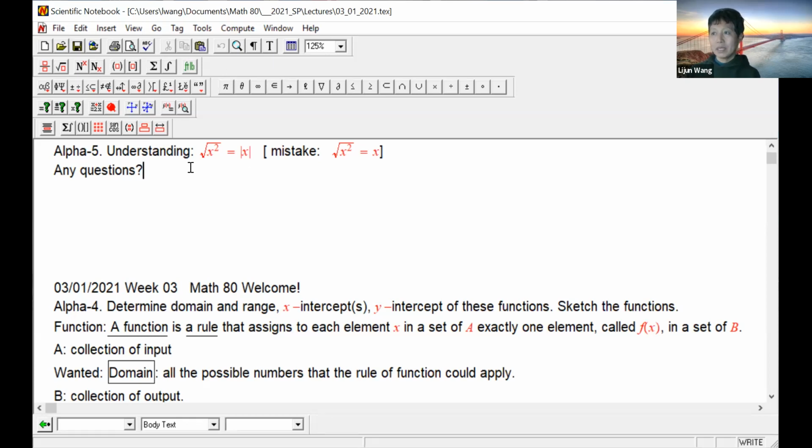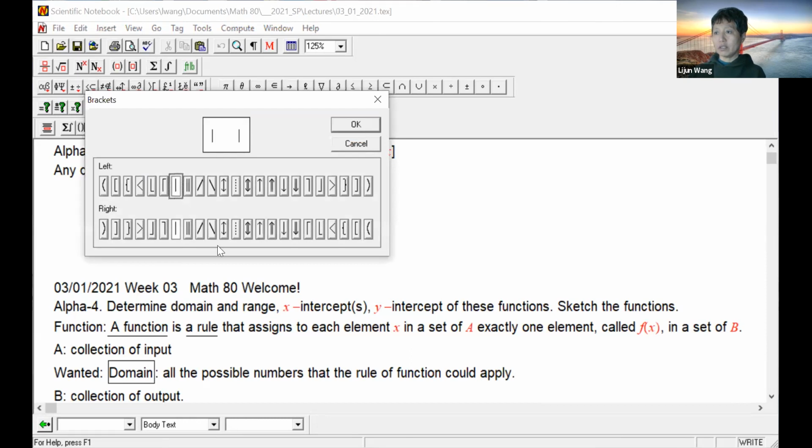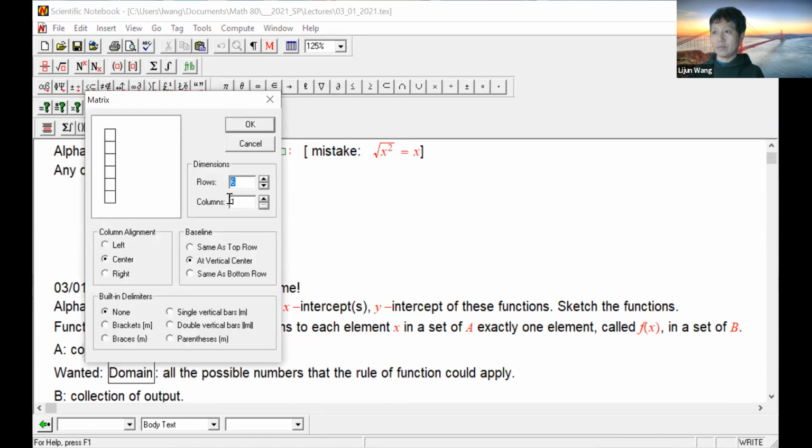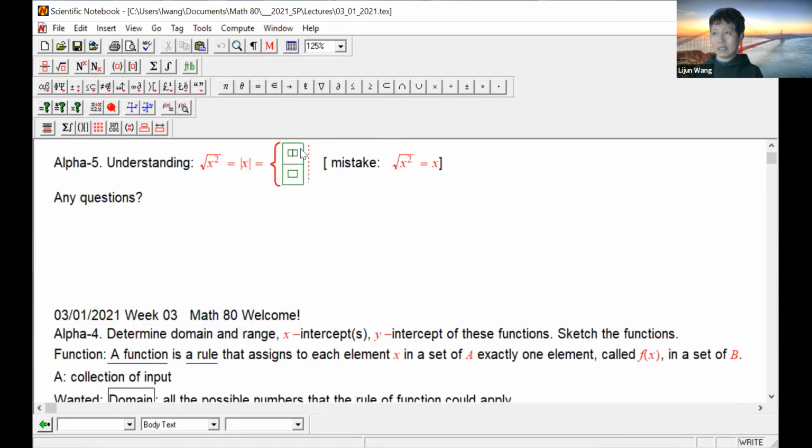The next piece is a little hard to understand for a lot of our students. This one has two branches.